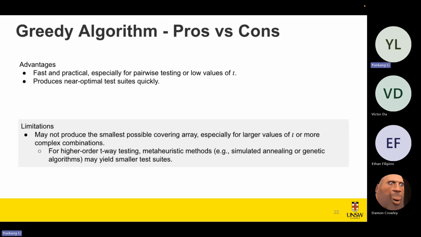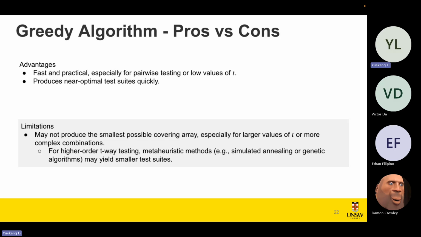And therefore for higher t, for pairwise combinations, normally greedy works well, like what we have demonstrated. It can give us the best solution in that case.